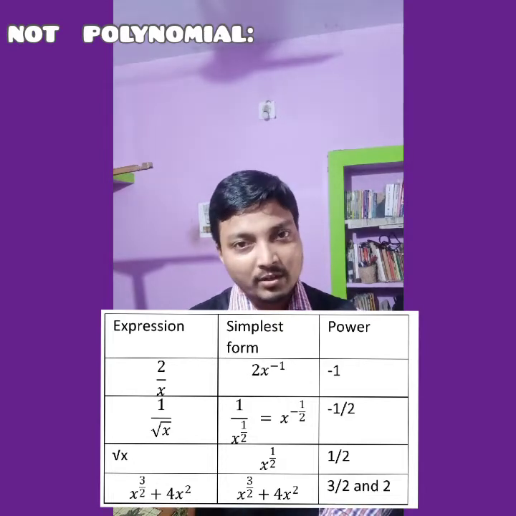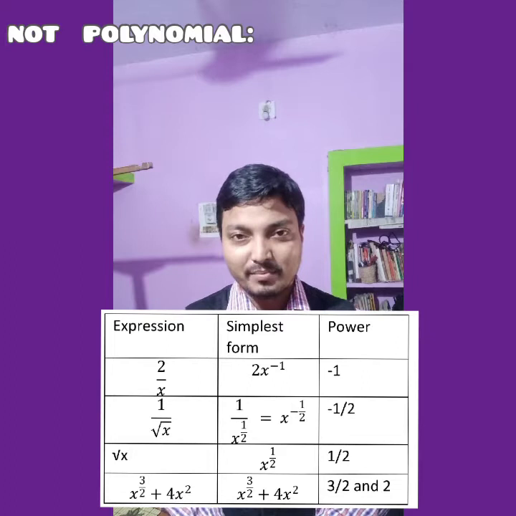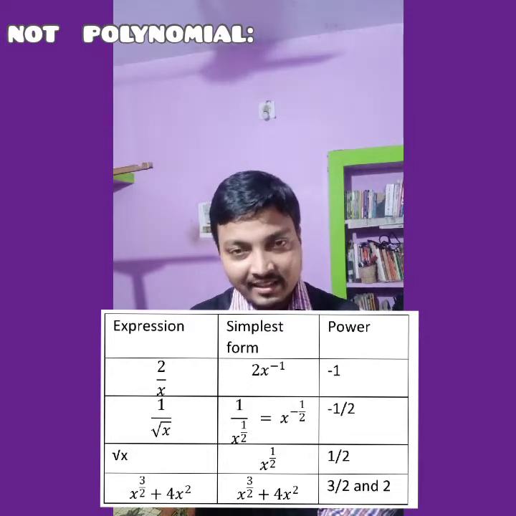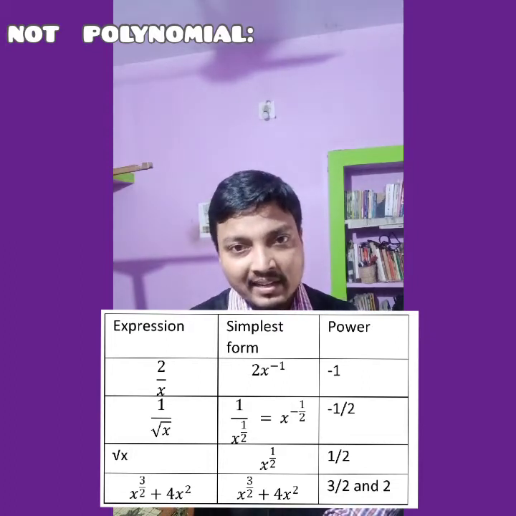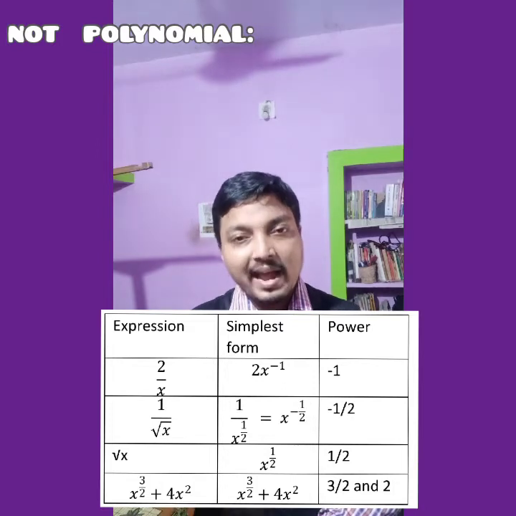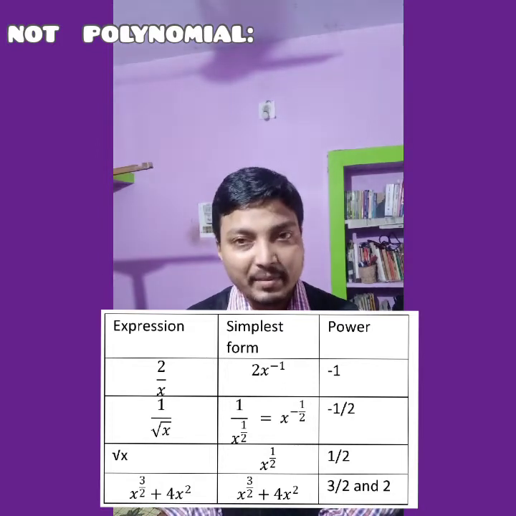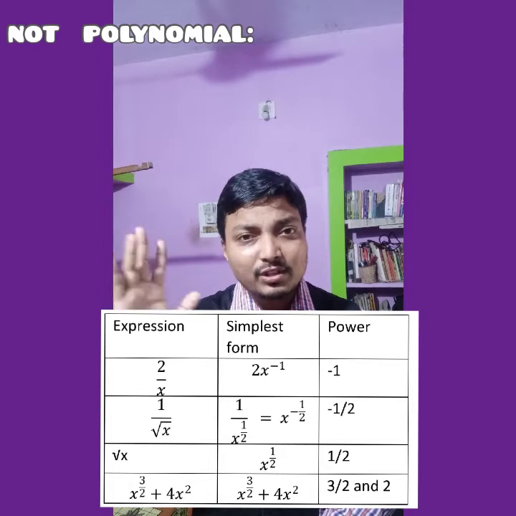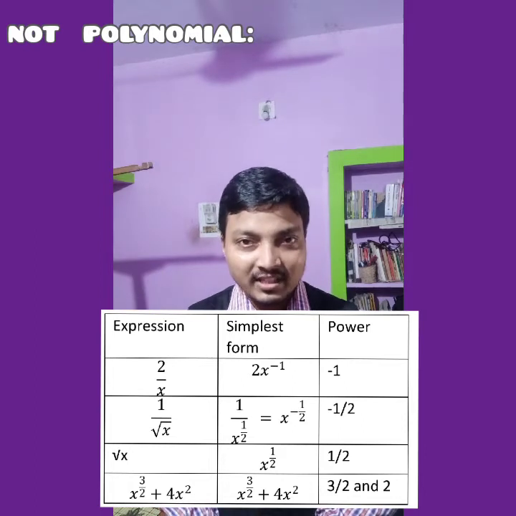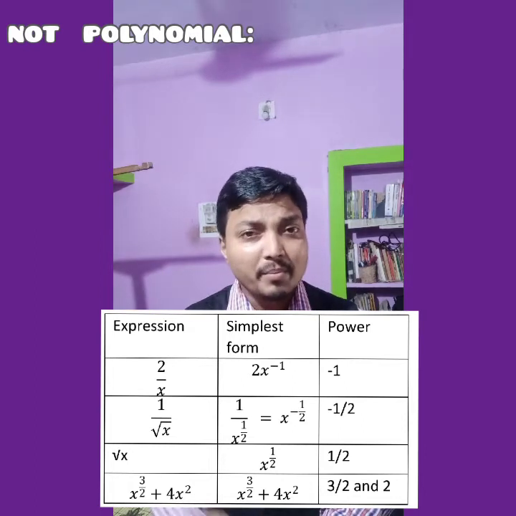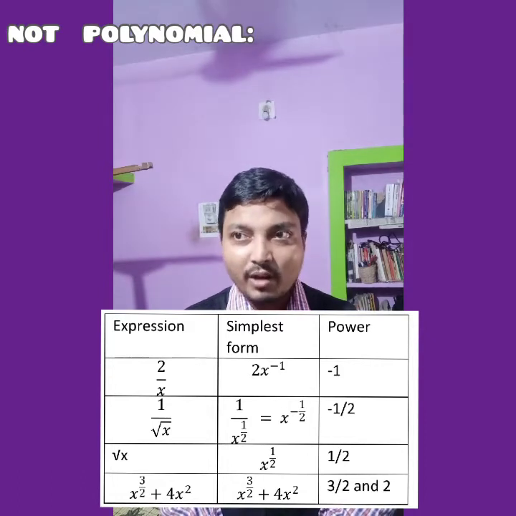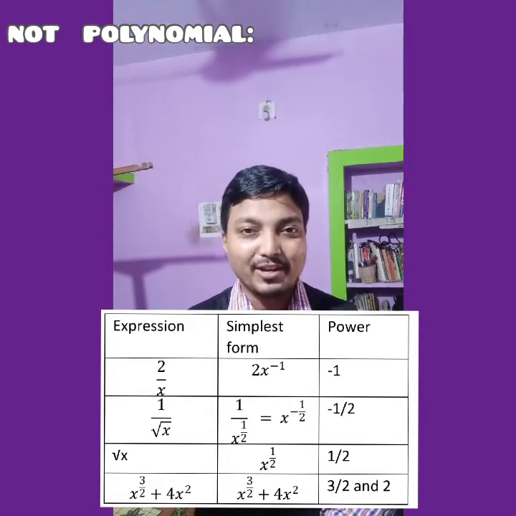If whole, it is a polynomial, otherwise it is not a polynomial. So in 2 by x, in the denominator x has power 1. But when I make it the numerator, it becomes 2 into x to the power minus 1. So here we get the power of the variable as minus 1. So 2 by x is not a polynomial.